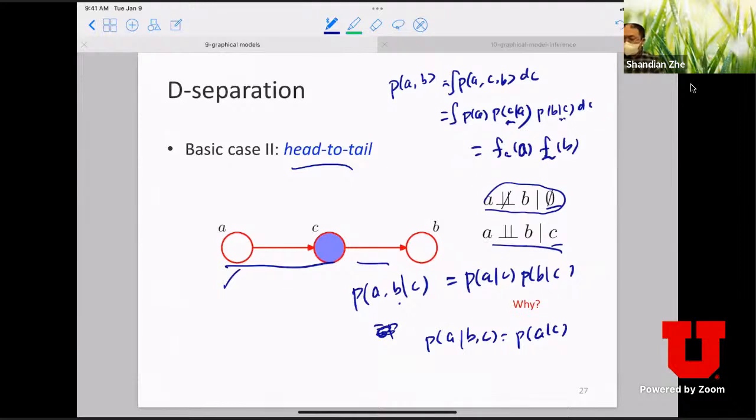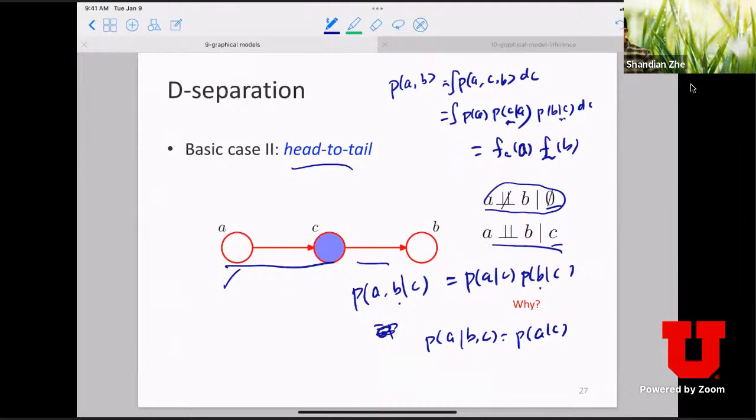No, I mean the right side is P of A given C times P of B given C. Yes. Just P of A given C is just P of A according to the structure.